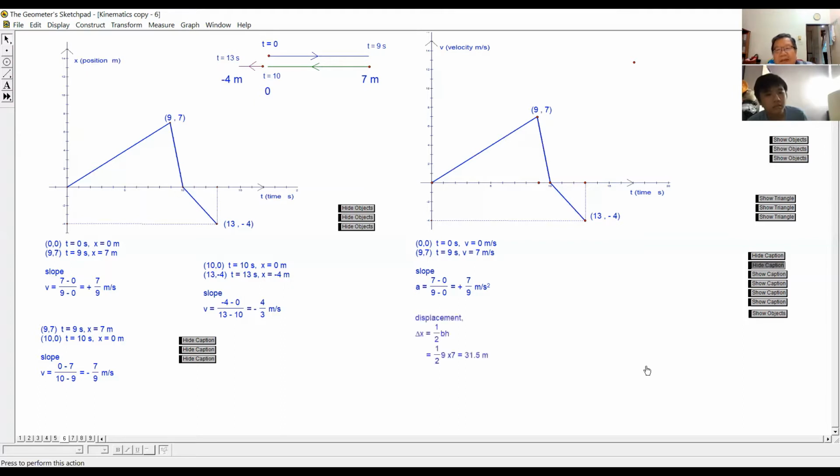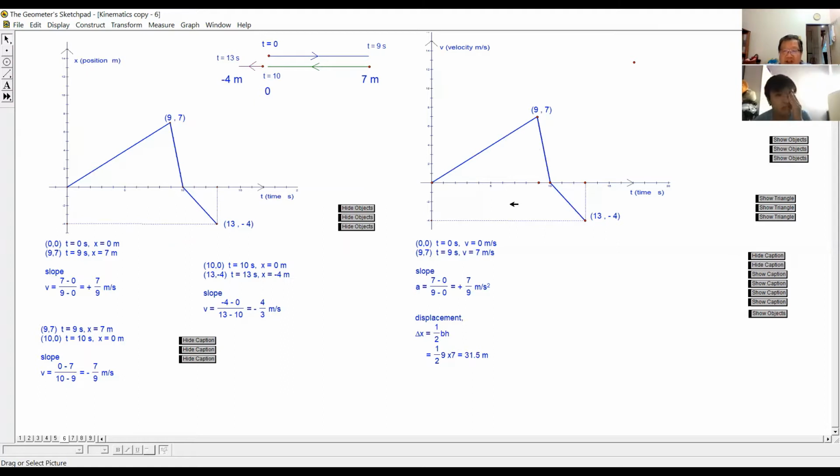So we look at the next part of the journey. Oh, never mind, we don't look at the next part of the journey. We want to know, during this period of time from 0 second to 9 second, how much distance they have covered, or how much is the change in position.